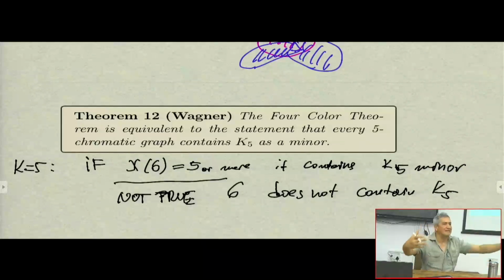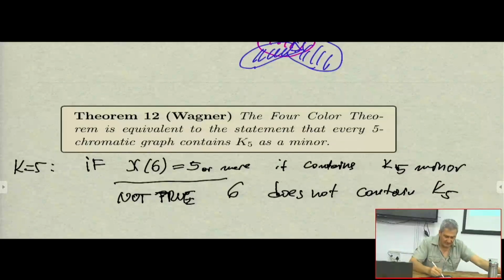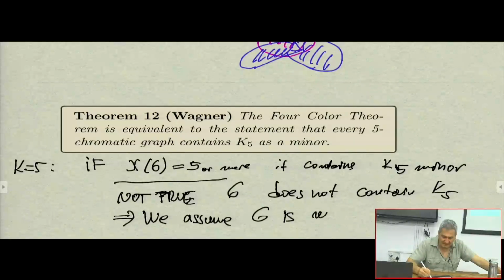We can assume it's edge maximal regarding that. We can add extra edges and make it an edge maximal K5 minor free graph. We assume G is a maximal K5 minor free graph.